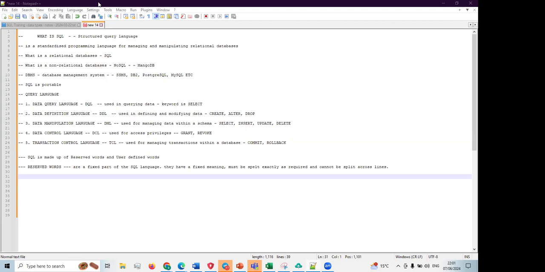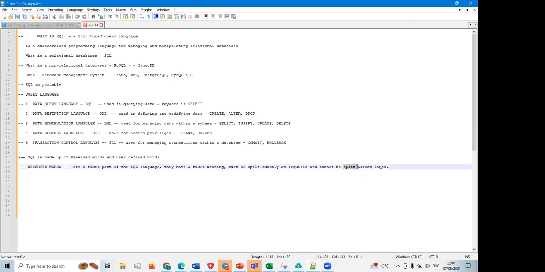Right. So, who can tell us what that could mean? When I say split across lines, I just want what you understand by this. Have I written select here?